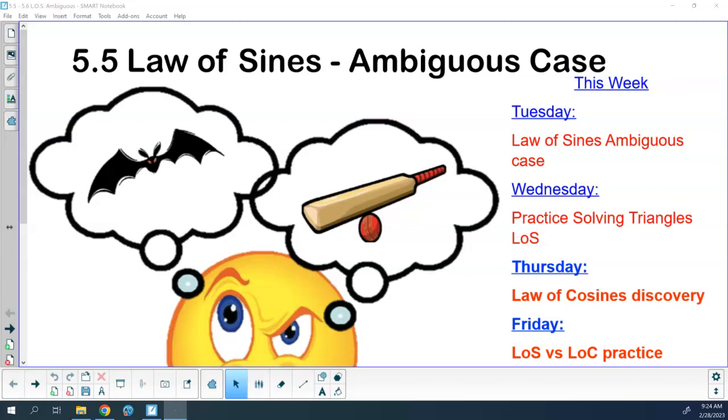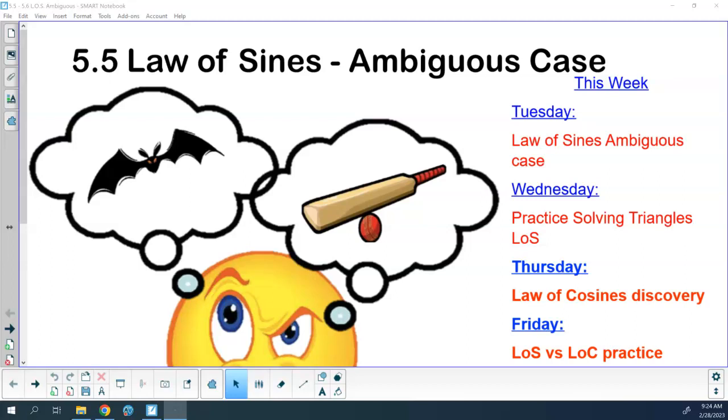Okay? Thursday, because Thursday is that goofy day, some people were in and out all day with the career fair. So we did a law of cosines discovery sheet, which is very similar to the law of sines discovery sheet, so that if you are called out of class because you've got to go to a career fair or something like that, you can easily pick that up.